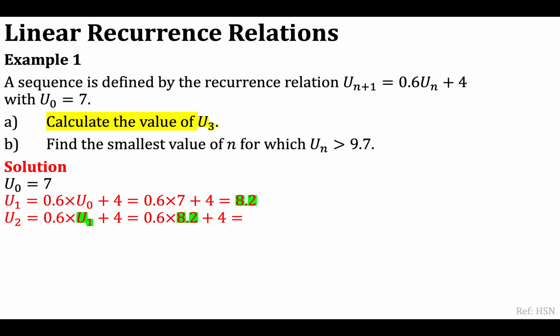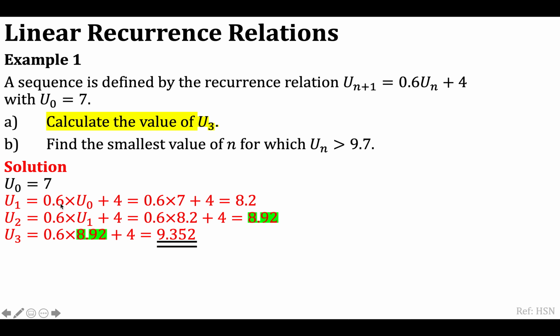So that's 0.6 × 8.2 + 4, and that gives me 8.92. Finally, for part A, finding the value of u_3: 0.6 × u_2, which is 8.92, plus 4, and that gives me 9.352. That's my final answer for part A.